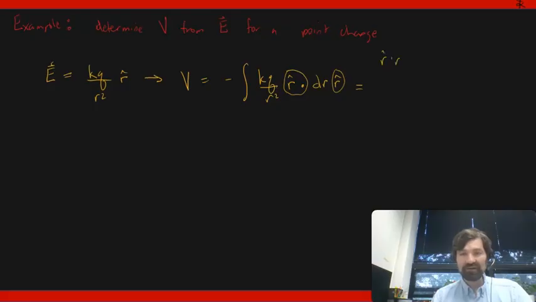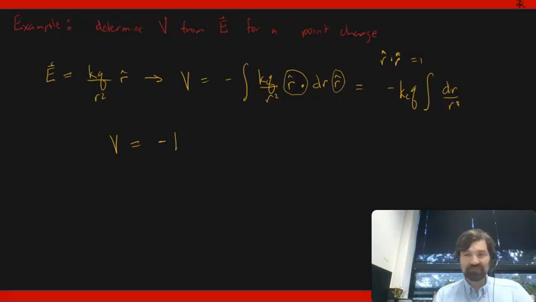So r hat dot r hat is equal to 1. So that part of the integral goes away. And what I'm left with is just negative of, and I can pull constants out, K, Coulomb's constant, times Q, integral of dr over r squared. So the integral of dr over r squared is just 1 over r. So my V should look like negative of KQ times, I said 1 over r, it's actually negative 1 over r.